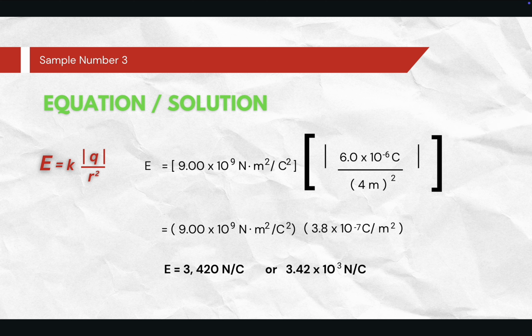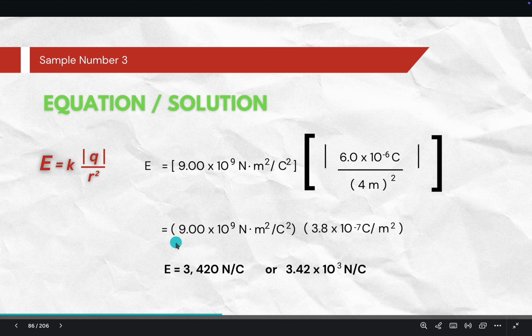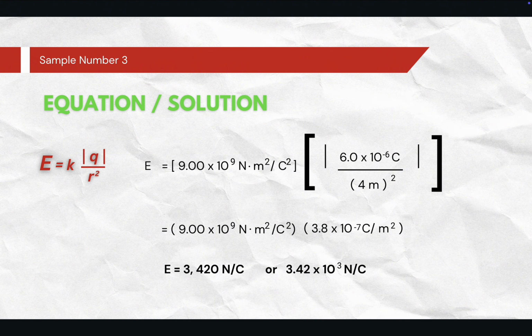Ang sagot ng nasa loob ng bar is 3.8 times 10 raised to negative 7 C over m squared. Then, i-multiply natin sa Coulomb constant. The answer will be 3,420 N over C, or pwede rin 3.42 times 10 raised to 3 N over C.